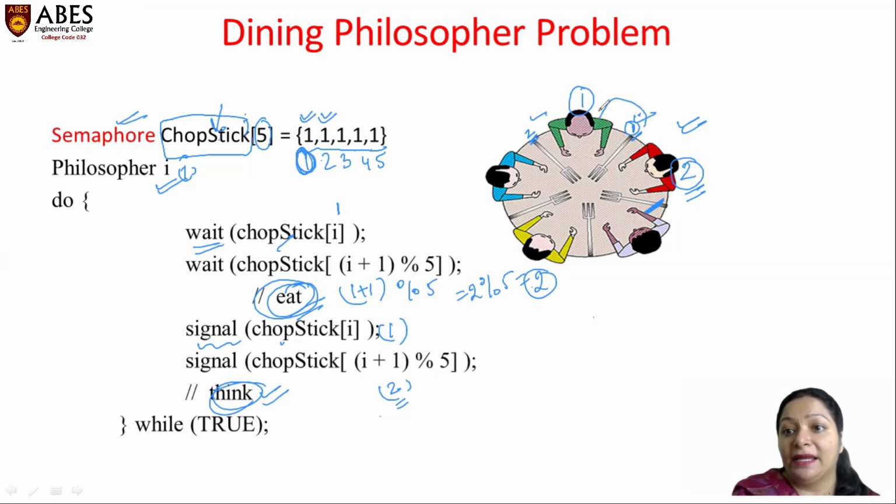But this chopstick is already acquired by the first philosopher. So using the concept of semaphore, this second philosopher has to wait until this chopstick is released by philosopher 1. In this way, we can achieve synchronization among the 5 philosophers in this scenario, right?